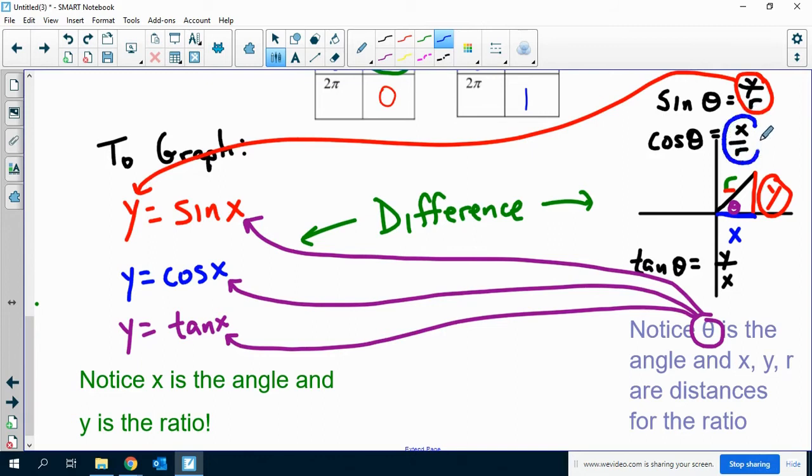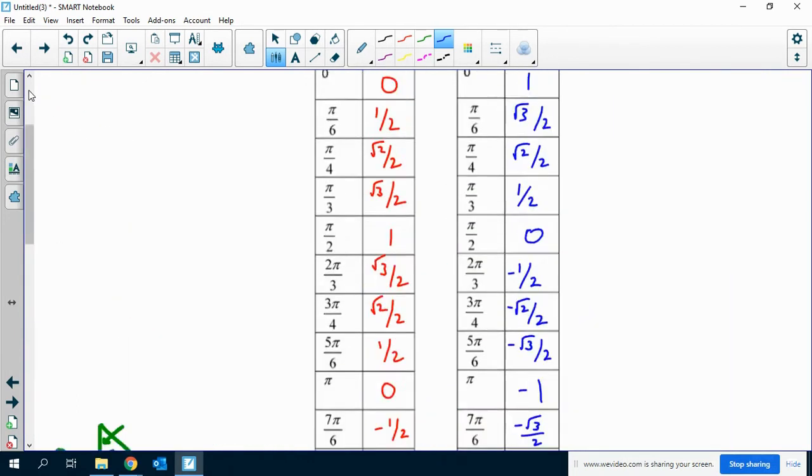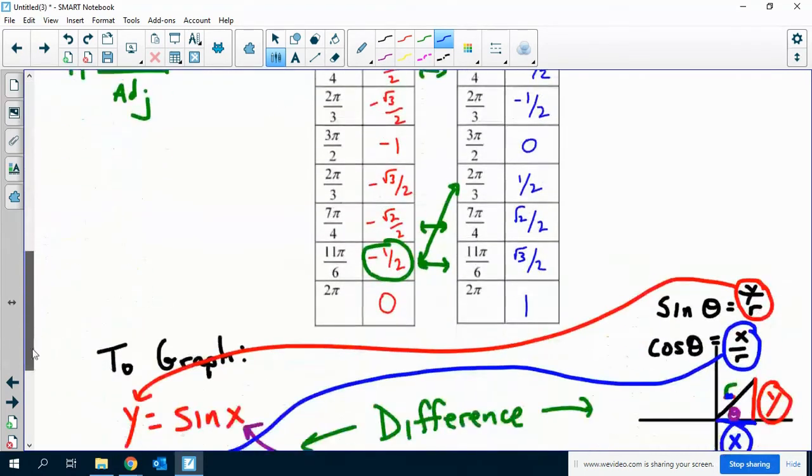X over r, whatever x divided by r is, is now going to represent my new y value over here on the graph. It's one more way of making sure that we understand that theta and sine of theta, like the y value on the unit circle, does not represent the y value over here necessarily, or on any circle in particular.